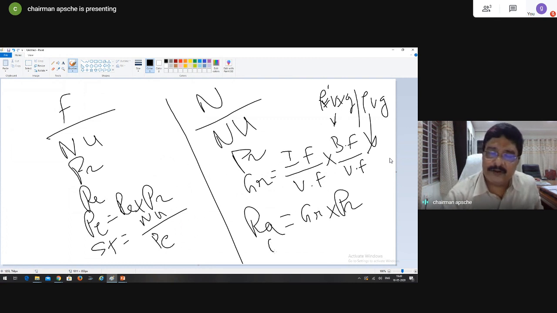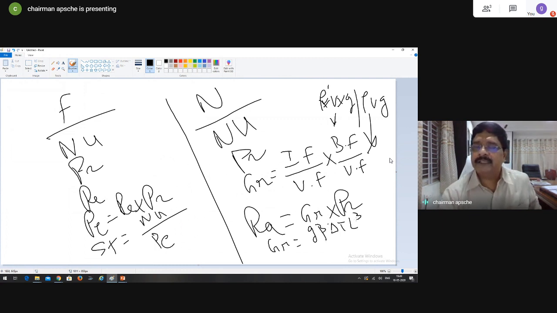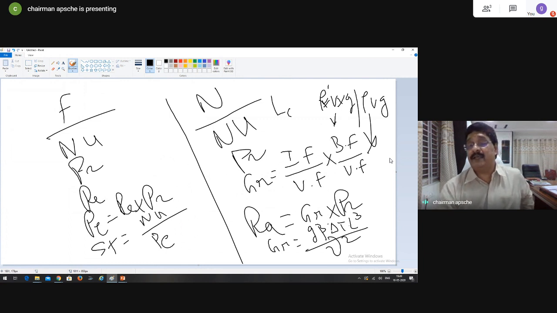And Grashof number is equal to g beta delta T L cubed divided by nu squared, because temperature difference is the driving force for buoyancy, right? L is the characteristic dimension. Here also you need a characteristic dimension, as in Nusselt number, which is hL by k.